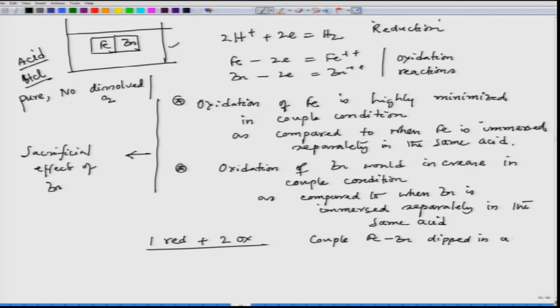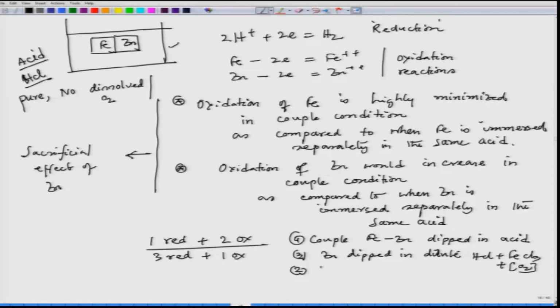dipped in acid. Now, in the previous situation, all 3 examples, this is the 4th example. Example 3 was zinc dipped in dilute HCl containing FeCl3 and dissolved oxygen, where we have 3 red plus 1 ox.